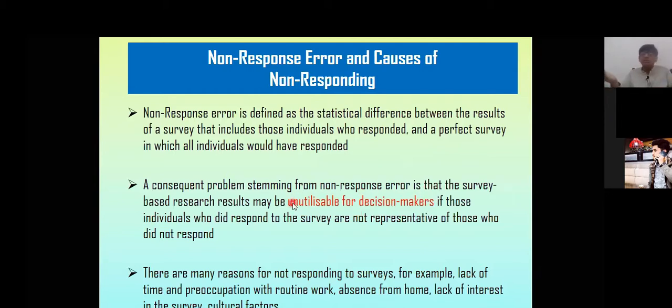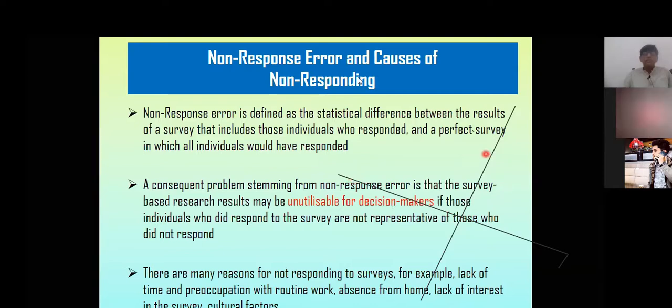The decision maker will think, when the majority of people have not responded, on what basis should I make a decision? So this type of thing will create a problem for them.